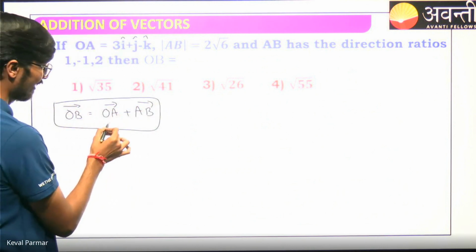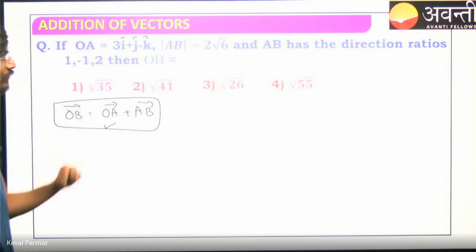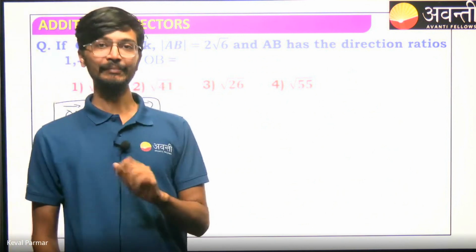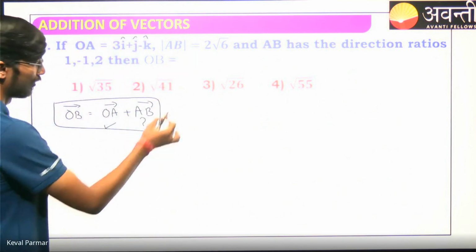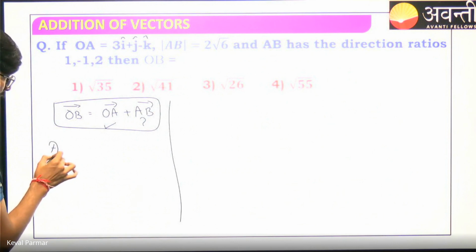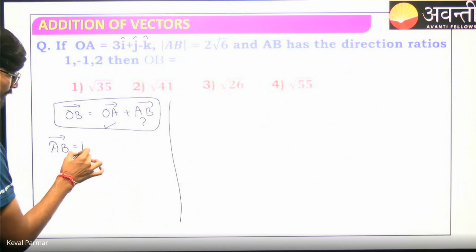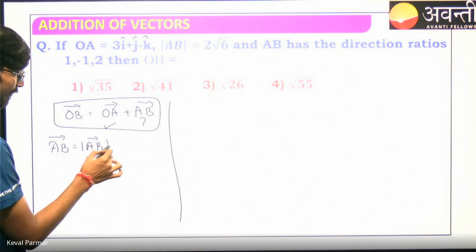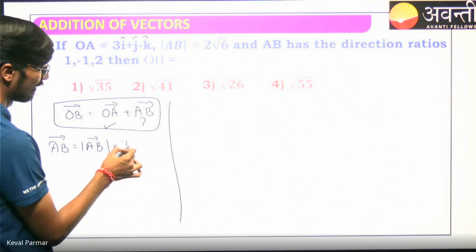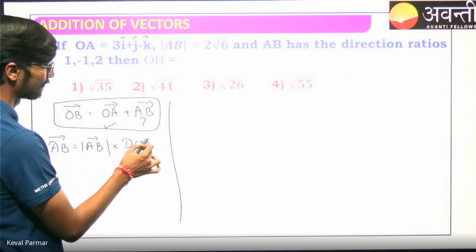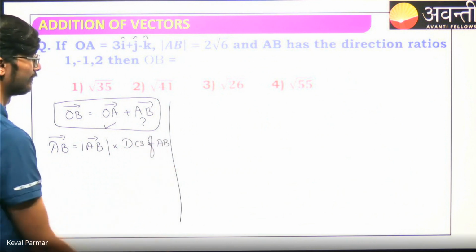Now I have the OA vector here. I need to find the AB vector. We know that the AB vector will be the modulus of AB into the DCs of AB.